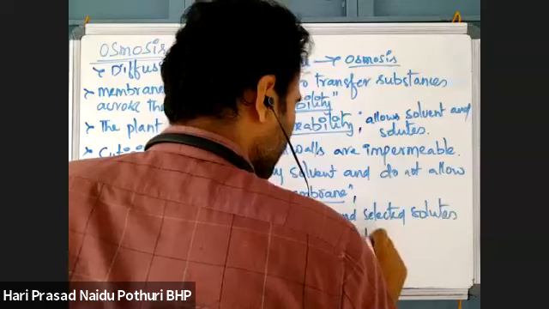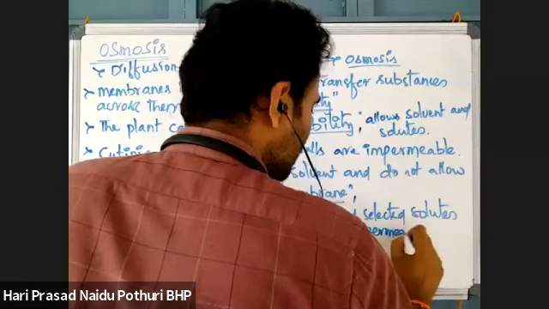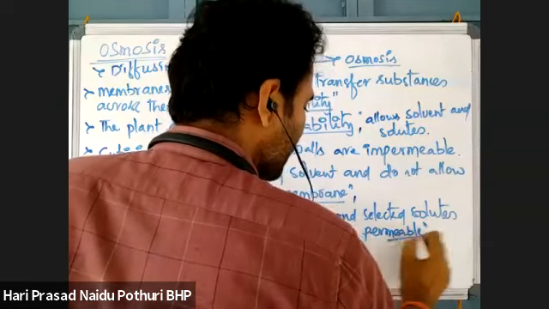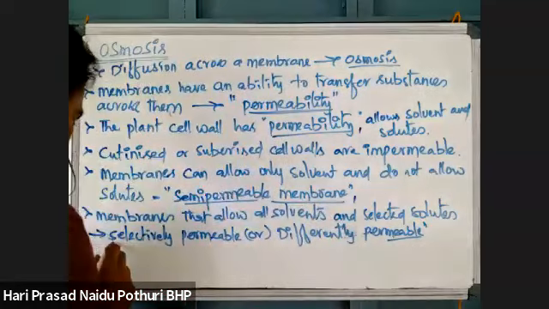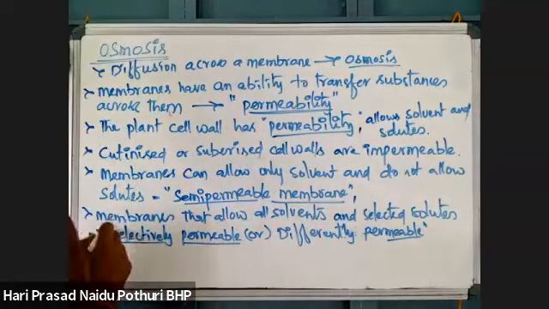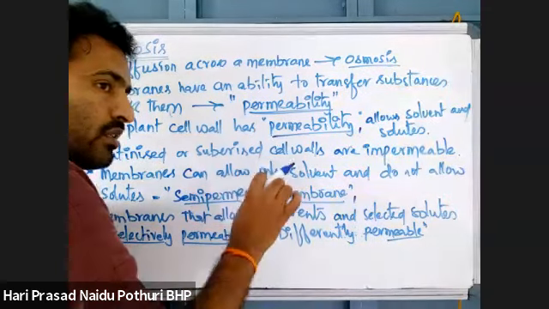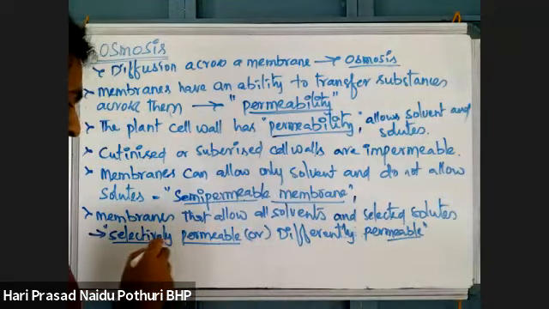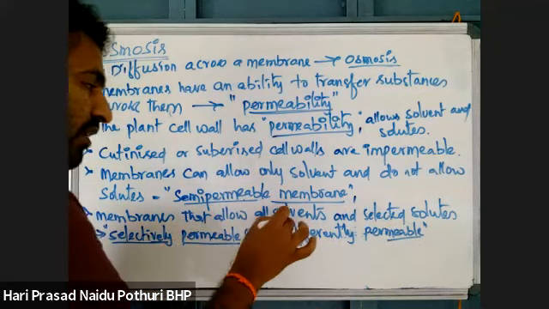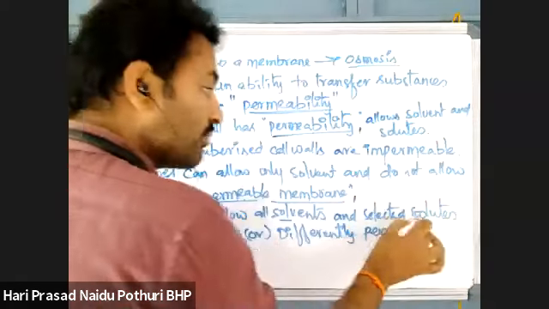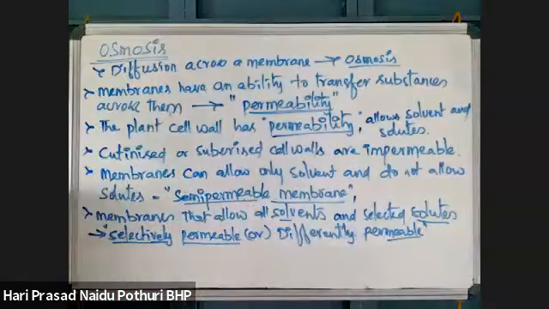Now you can understand the difference between semi-permeable and selectively permeable. Semi-permeable means it will allow only solvents, not solutes. Selectively permeable means they will allow solvent, along with some solutes, not all solutes.